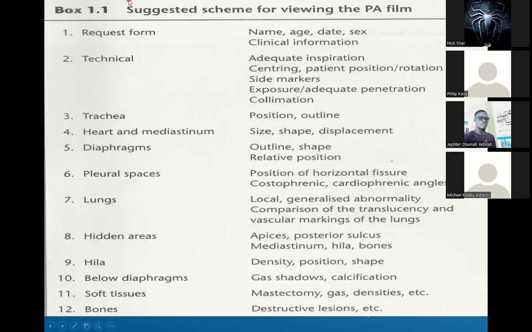Right. Next thing we want to look at is how to go about reading a chest X-ray. How to go about reading a chest X-ray. So you should have this scheme at the back of your mind. So the first thing when you get an X-ray is first of all to check the request form itself.